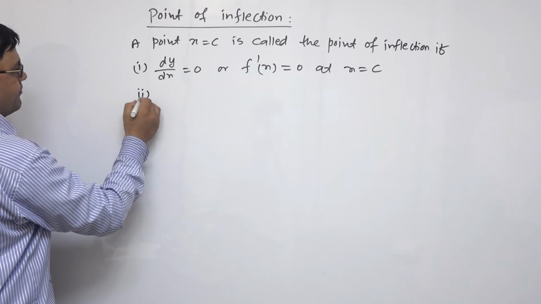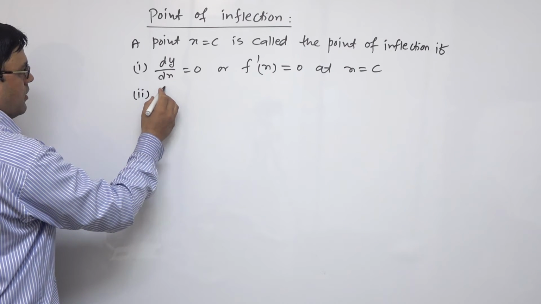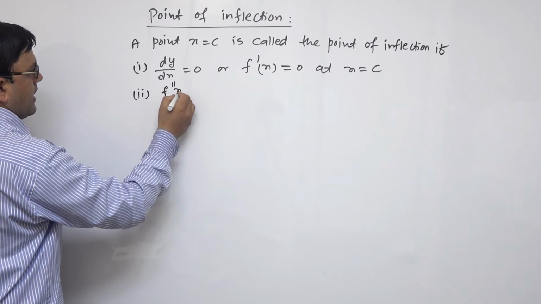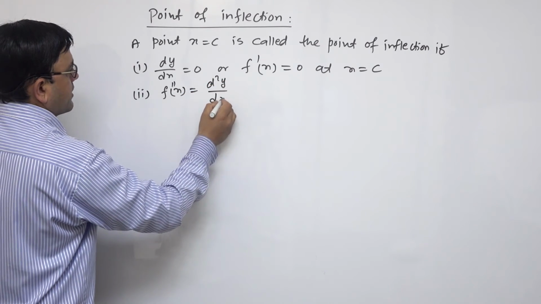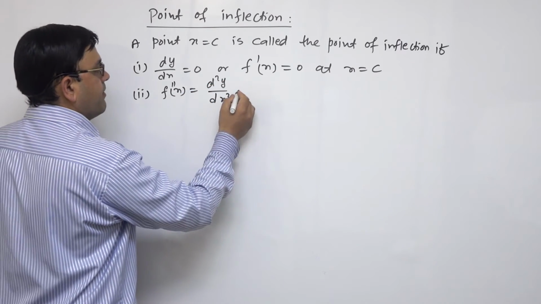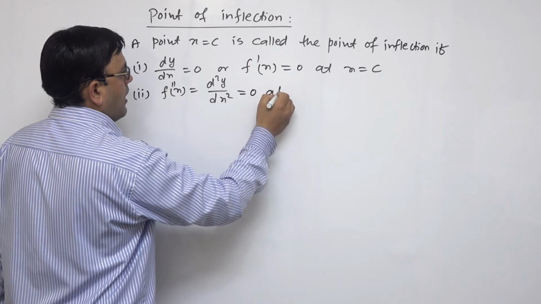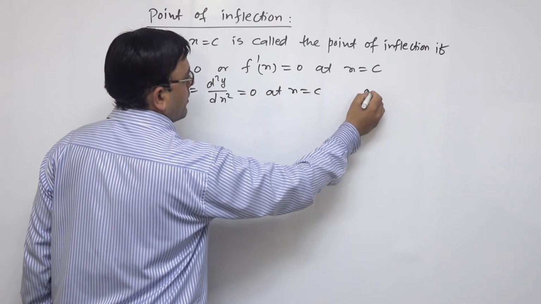Second, f double dash x, this means d square y by dx square, the second derivative, is equal to 0 at x is equal to c.